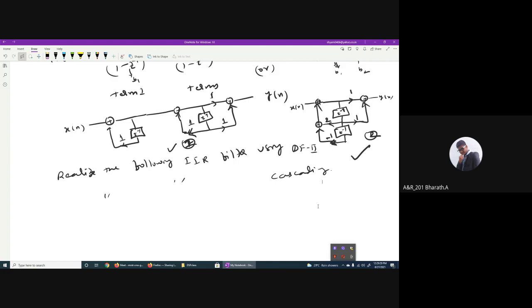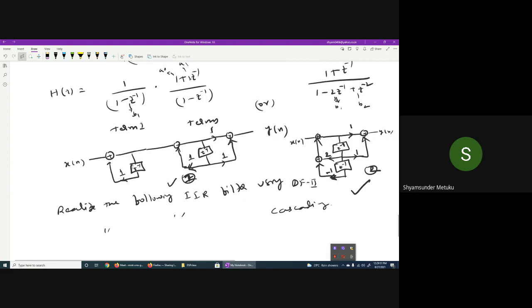But sir, can a cascade system be converted into a direct form 2 system? There's nothing like a conversion. There is only implementation. Which method of implementation are you trying to do? Generally, from the transfer function, structures will come.